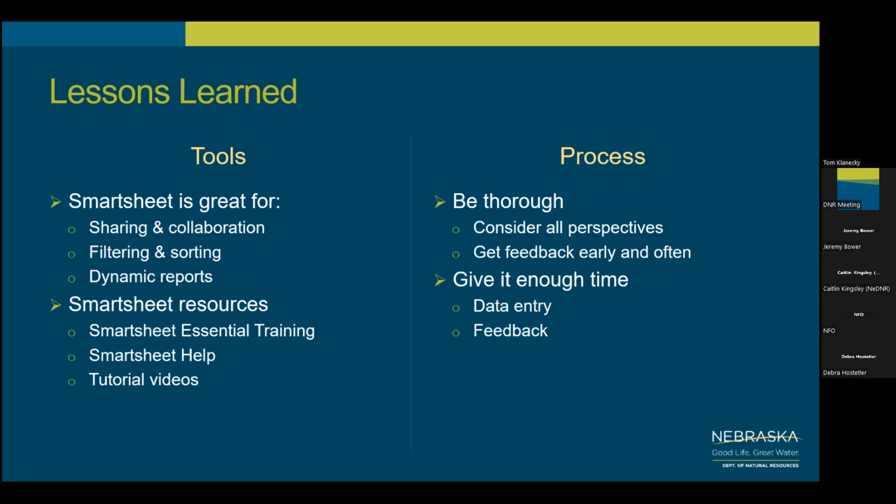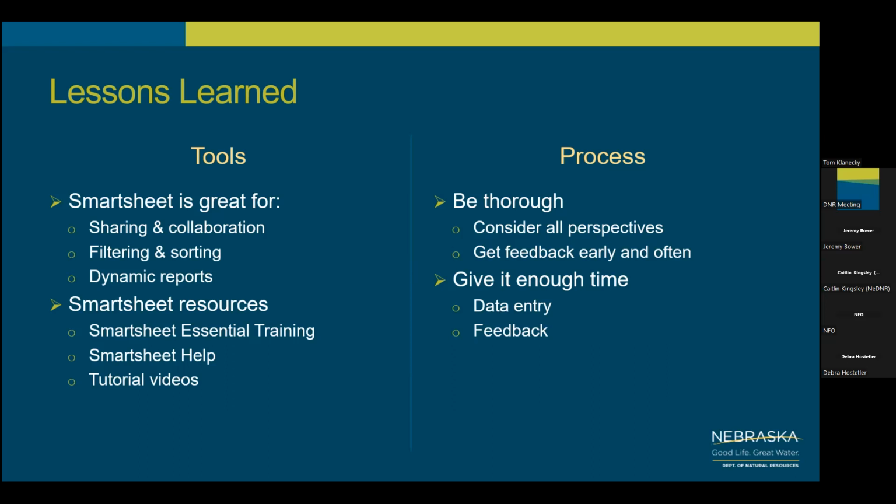One thing that I didn't show while I was in Smartsheet that I can go back and show is the dynamic reporting feature. Another thing that I think will help with the next steps is that you can pull from one sheet or many sheets into a report.